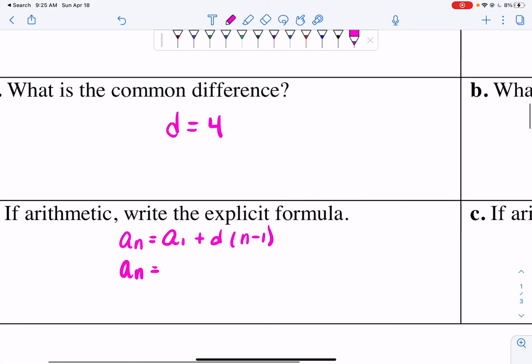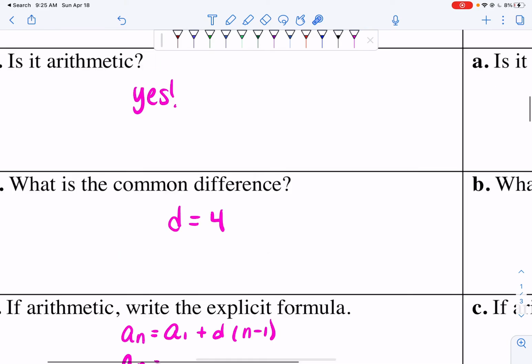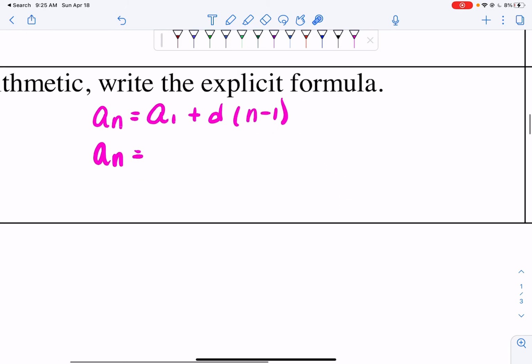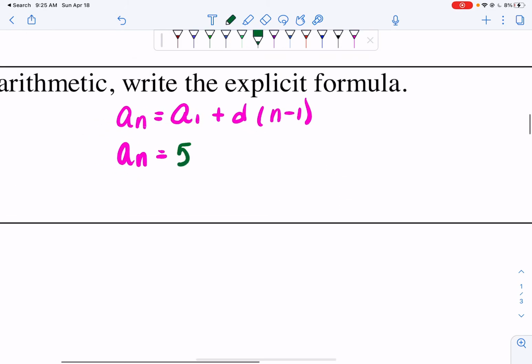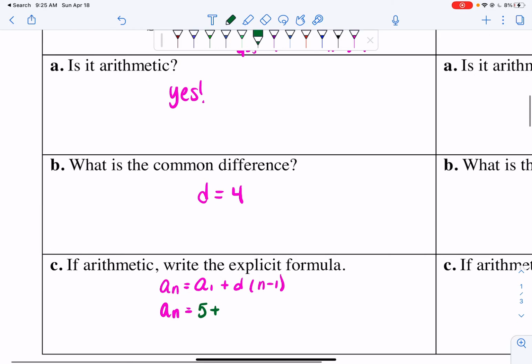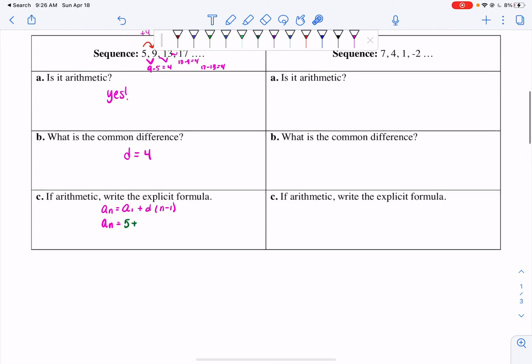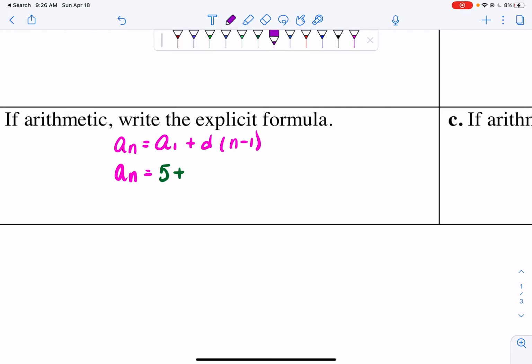A sub 1 is our first term. So I go to my sequence, and my first term is 5. The d is our common difference, what we're going up by each time. Here it's 4, and we can also look above and see it's 4. So I have 5 plus 4 times n minus 1.